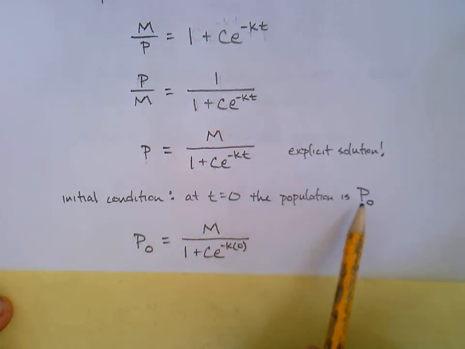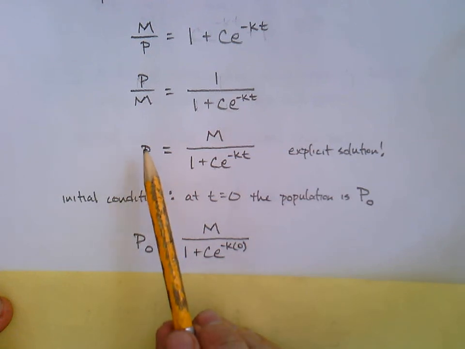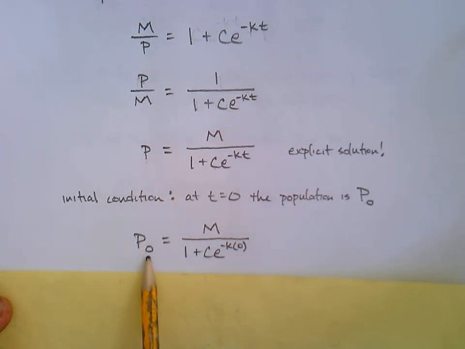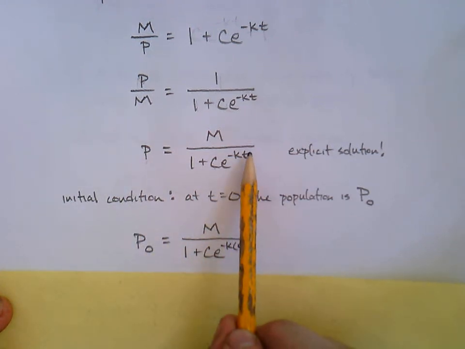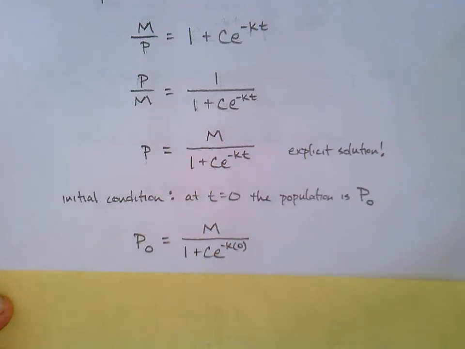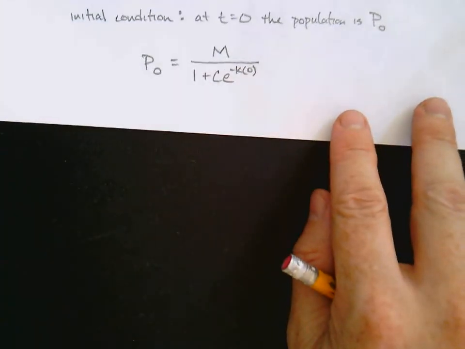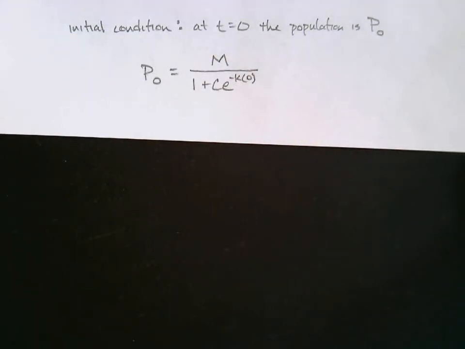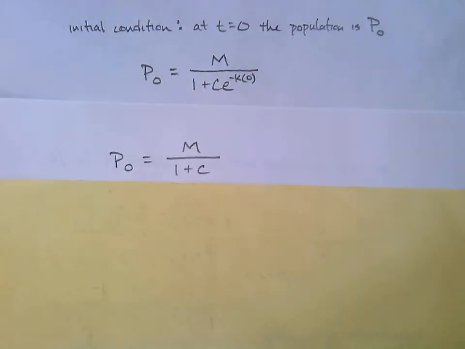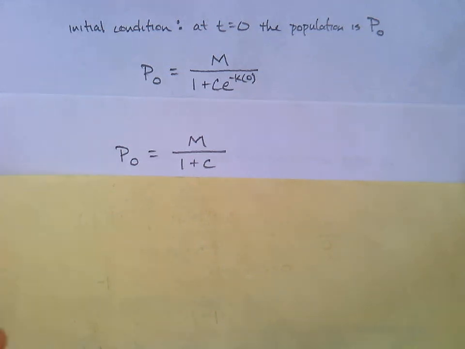All right, so what we'll do is we'll plug in our initial population for p, so we're going to call it p naught, and we plug in 0 for time, right there. And we're going to figure out c in terms of the other parts. Let's see how this plays out. Well, because we're raising to the 0 power, that really makes life a lot nicer for us.